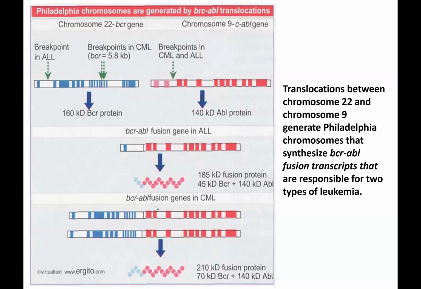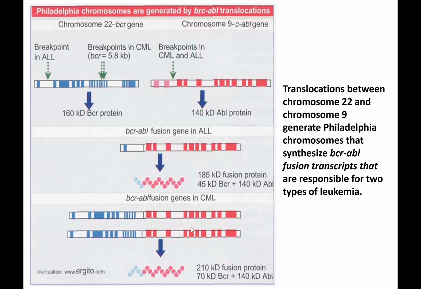In ALL patients, the fusion gene makes a 185 kDa fusion protein, out of which 45 kDa is coming from the BCR part, and the remaining 140 kDa is coming from the ABL gene.